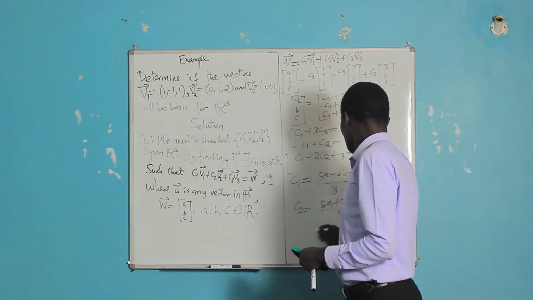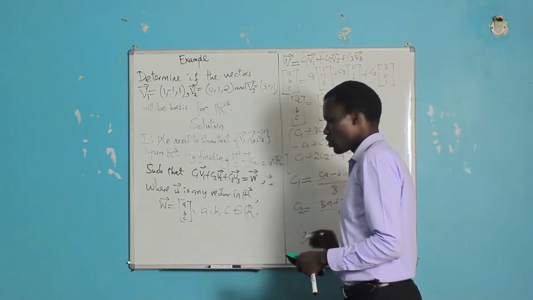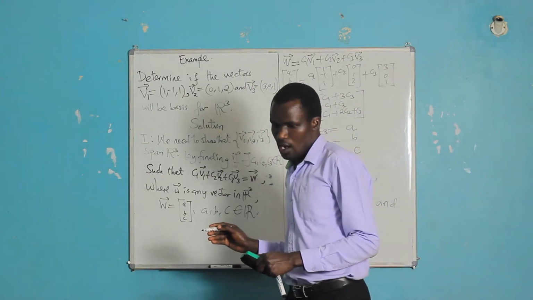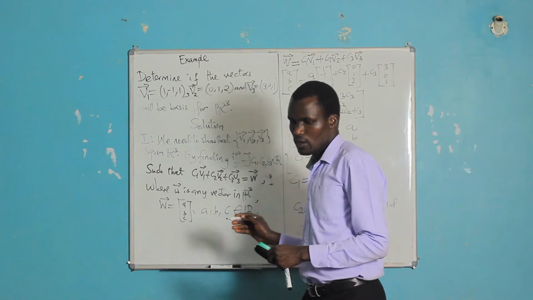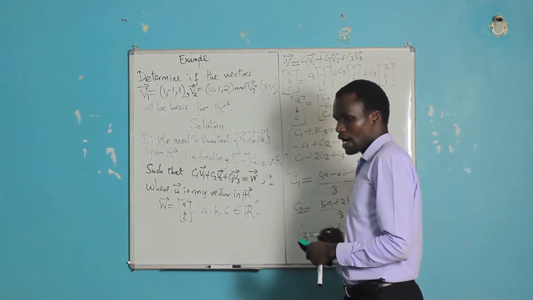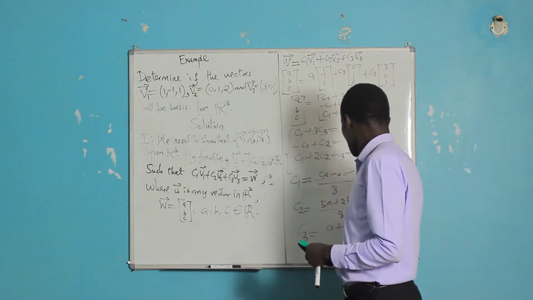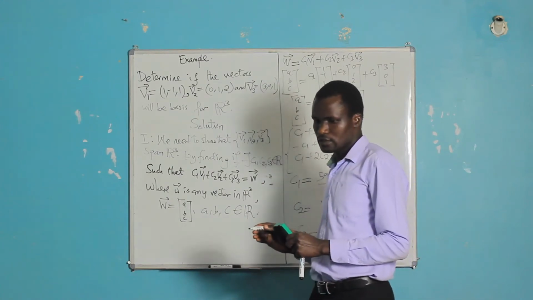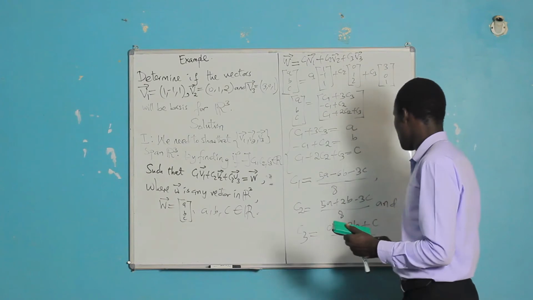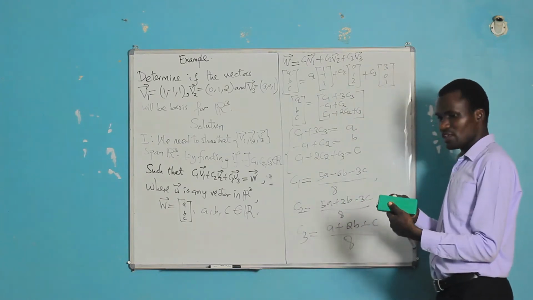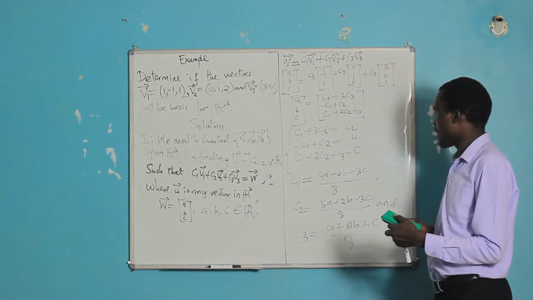And then C3 equal to A plus 2B plus C over A. Remember that A, B, C are real numbers.